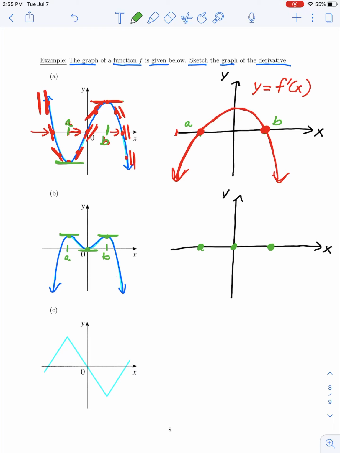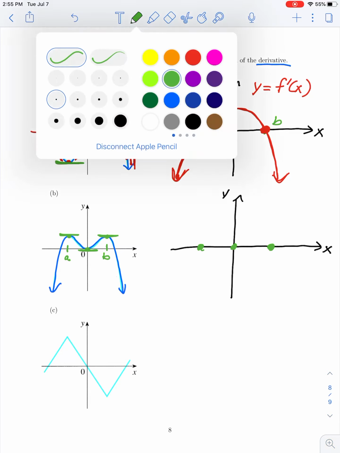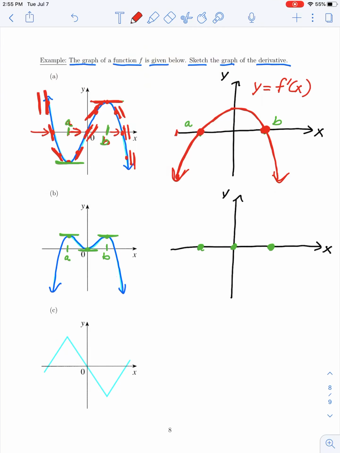Now let's think about what the derivative, or the slope of my tangent line, looks like outside of those values or between those values. As I'm moving from left to right along my x-axis, the slope of the tangent line to my curve starts by being a relatively large positive value. And as I start to increase the value of x, the slope of my tangent line starts to flatten out.